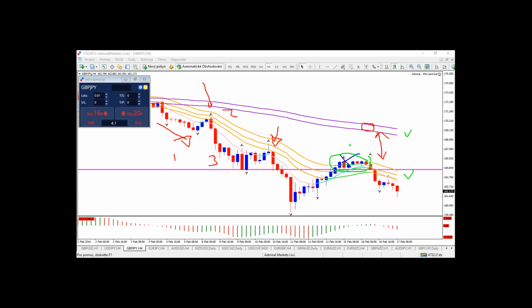The candles versus the 21, right? And the angle of the 21. All right, so 21 versus 144 EMA, the alignment and distance. Okay, that's an extra thing to look at.